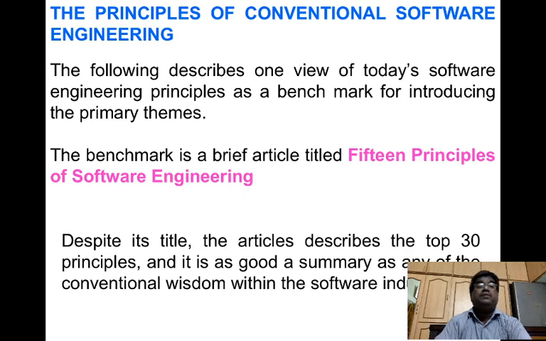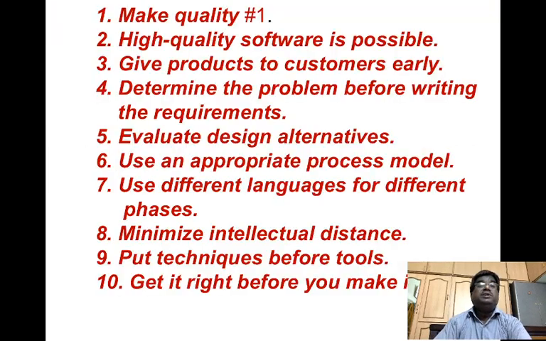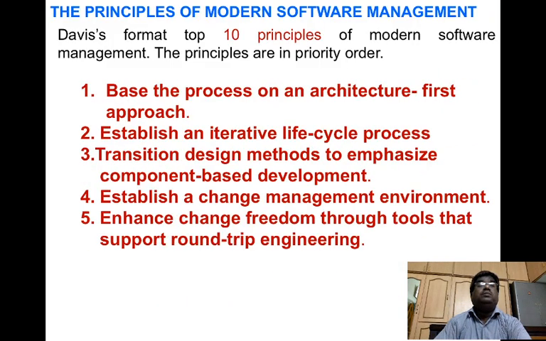Most of the software companies followed them during that time, and these are the benchmark for modern principles. All modern software techniques, methodology, and principles have been taken from the conventional principles only, right? Okay.